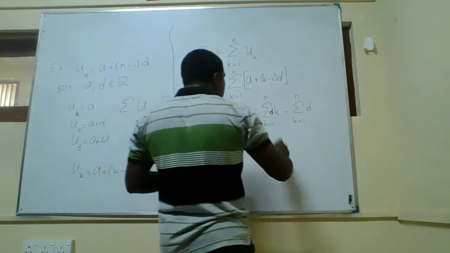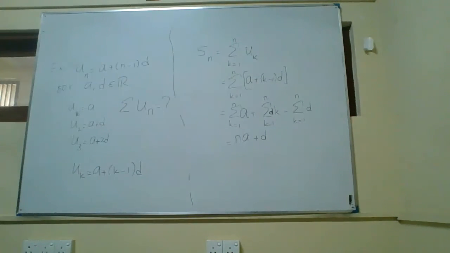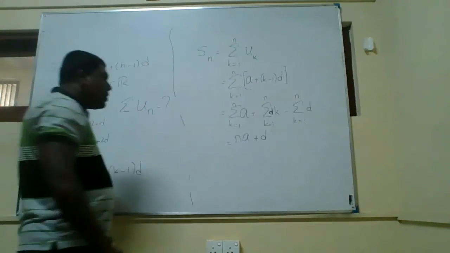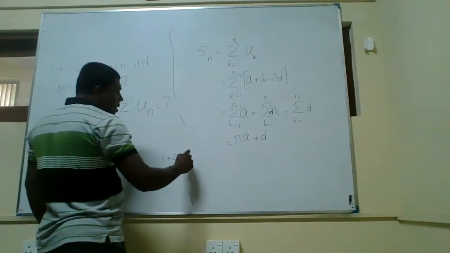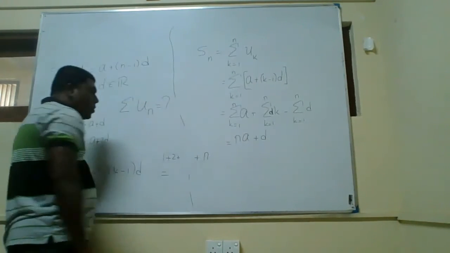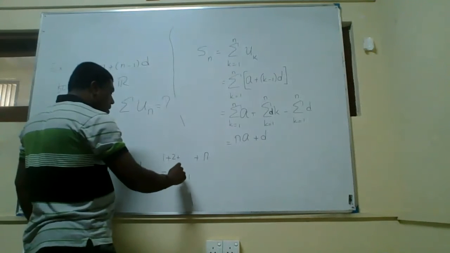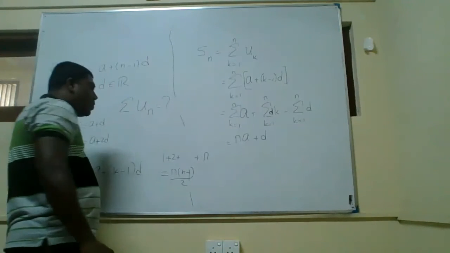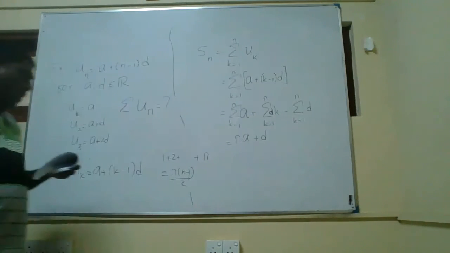Plus here you have d times the summation of k, that is 1 plus 2 plus all the way up to n. You know this sum from A level or O level.